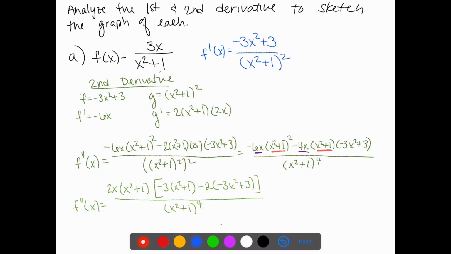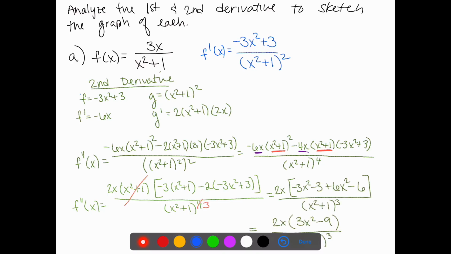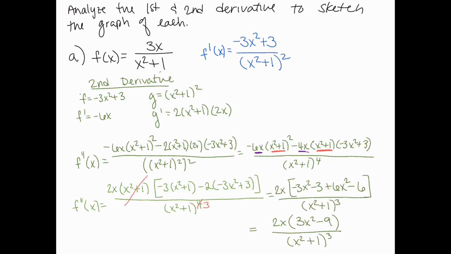So now the next thing I'm going to do is cancel an x squared plus 1 out of the top and the bottom. And so on the top, I'm just left with the 2x. And then inside those brackets, I now have a minus 3x squared minus 3 plus 6x squared minus 6. So I did do some distributing inside the brackets.